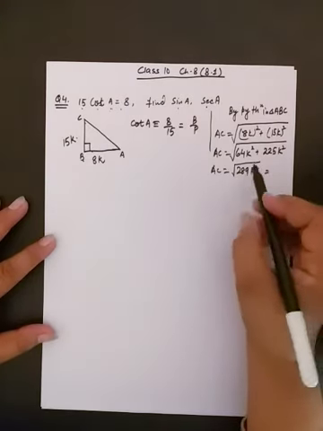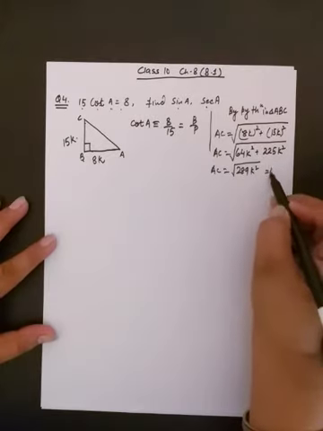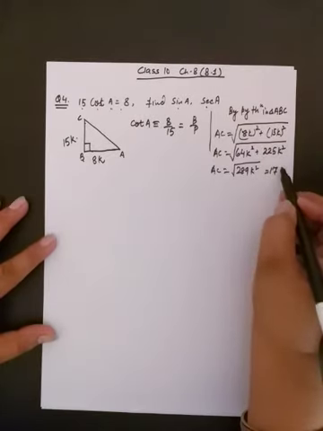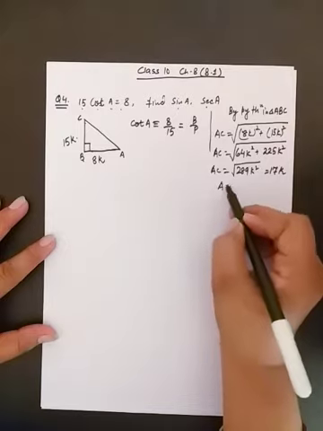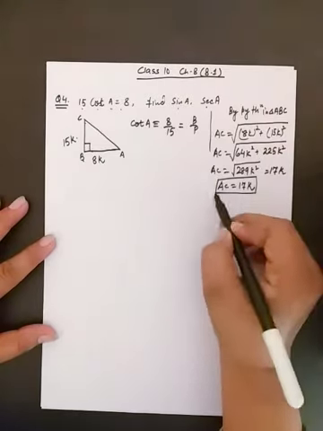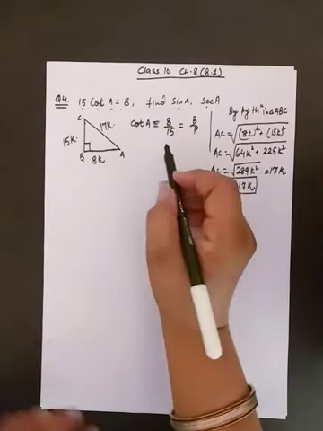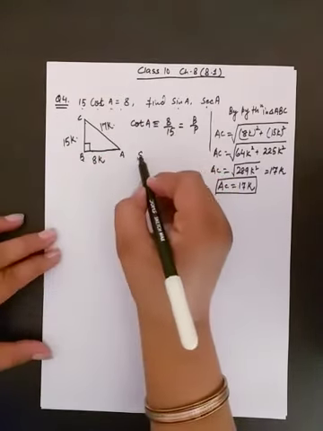And we all know that 289 is square of 17 and k square is square of k. So we get AC is equal to 17k. Now I can write this value here and we can find the value of sin A and secant A.